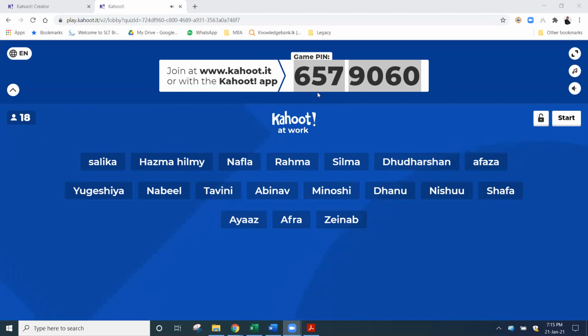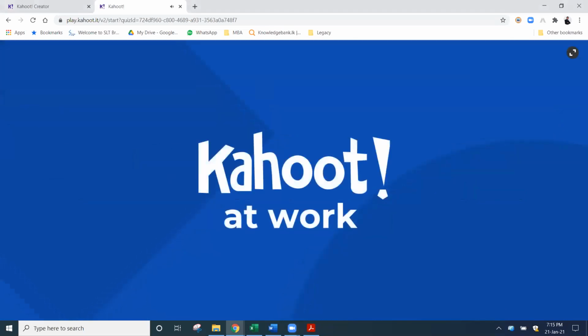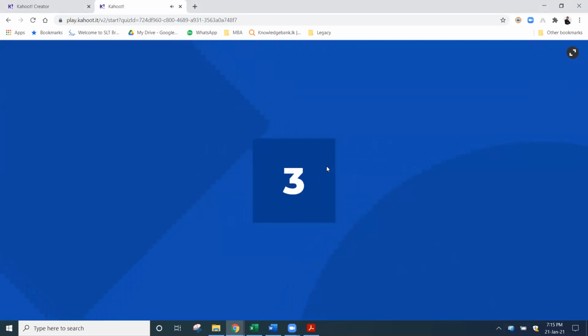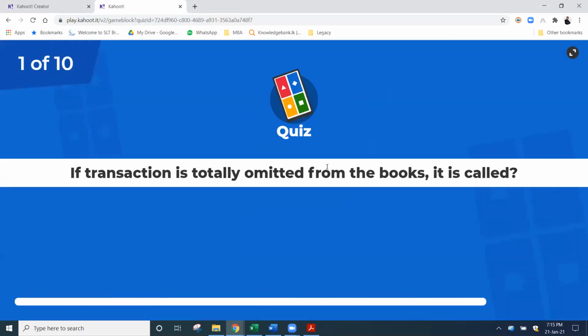We start now. Question number 1. In the phone, you will get the answers. It will show the answers on the screen, so you have to click on the correct color. Transaction is totally omitted from the books.